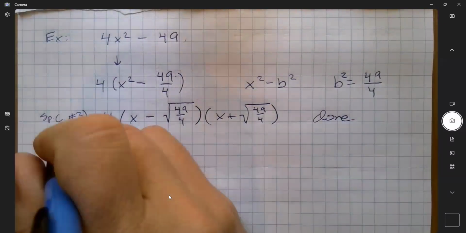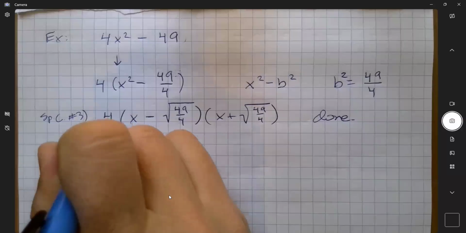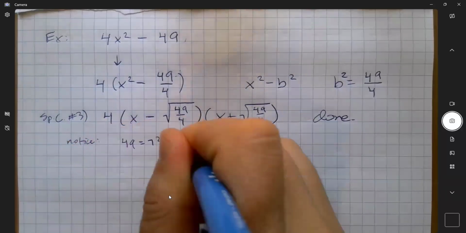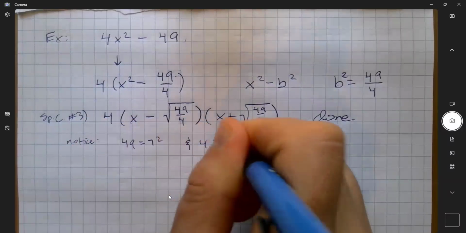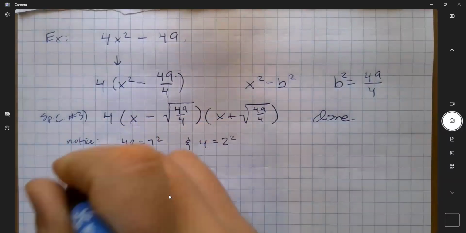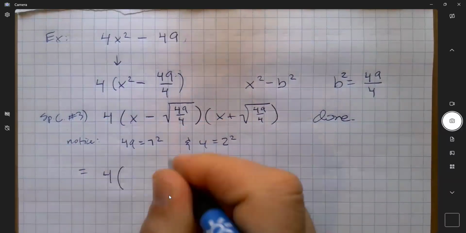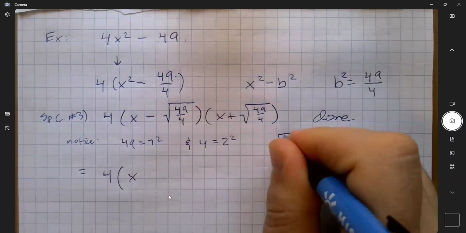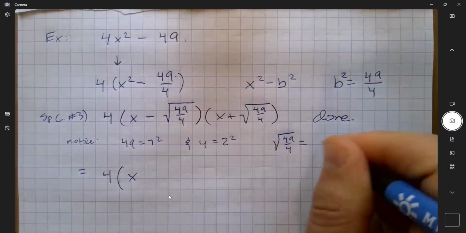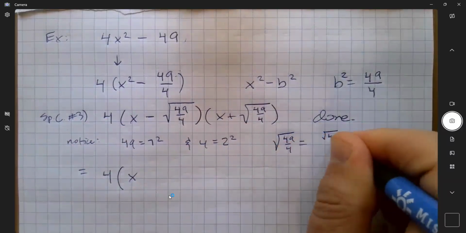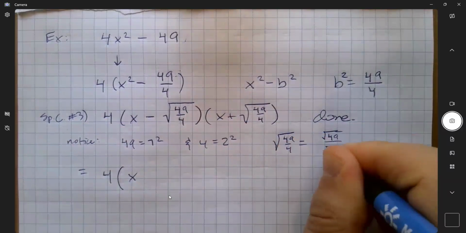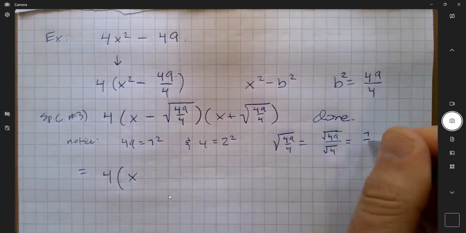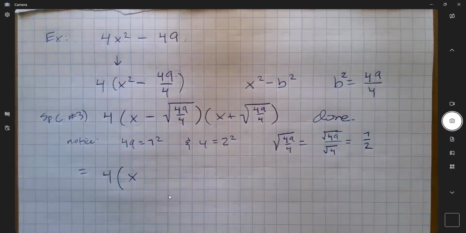However, I want you to notice the following. 49 equals 7 squared, and 4 equals 2 squared. So really, I could take the square root of 49 over 4, and that, because I can split square roots across division, is the square root of 49 divided by the square root of 4, which is 7 over 2.